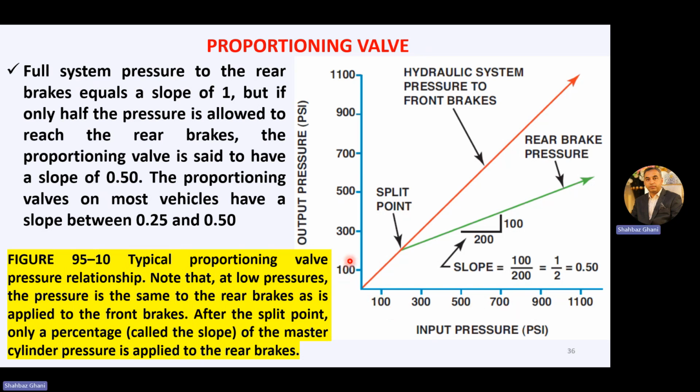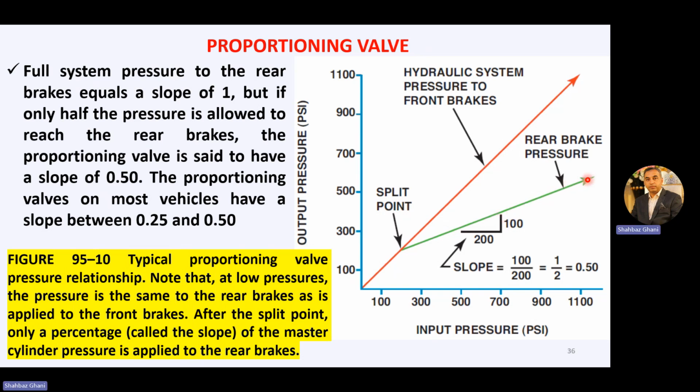On the y-axis, we have the output pressure, which is coming from the brake master cylinder through the proportioning valve. So we apply hydraulic pressure in this system. Here, this is the point where it is split. The front brakes have a higher pressure and the rear brakes have a lower pressure.